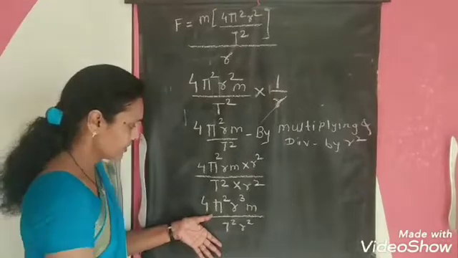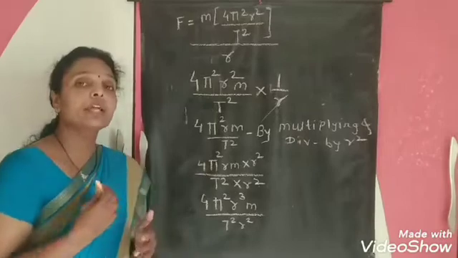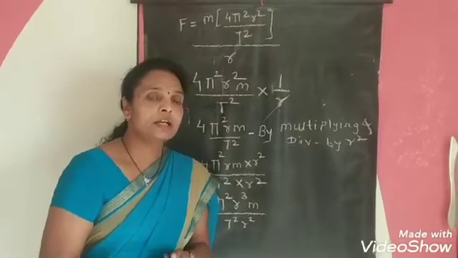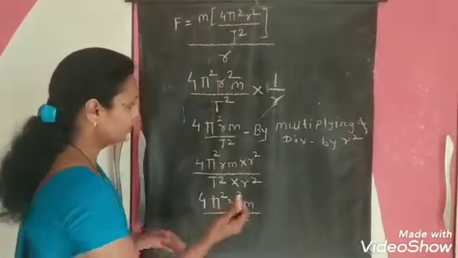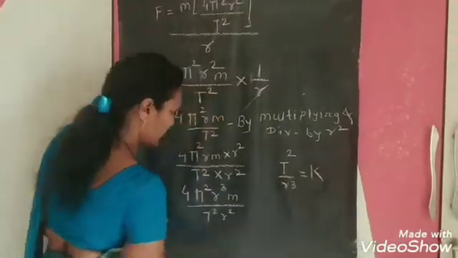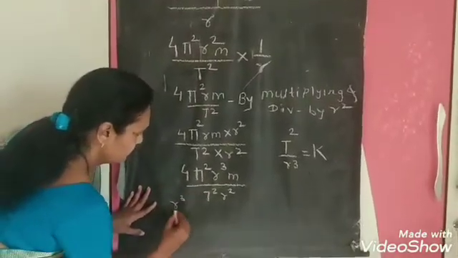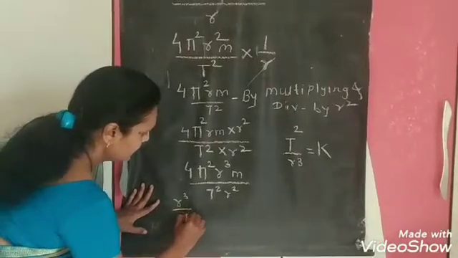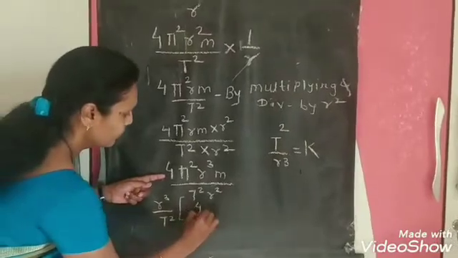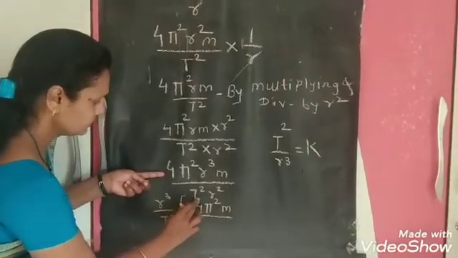Now see, all of you know, according to Kepler's third law, t square upon r cube is equal to k. Here we take r cube divided by t square outside this bracket, then we will get 4 pi square m upon r square.